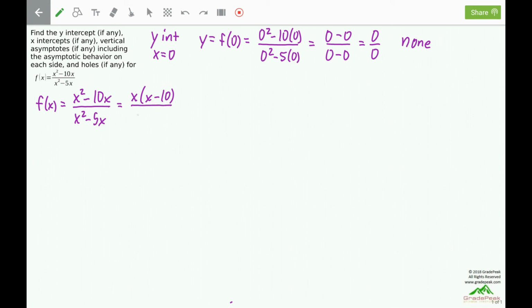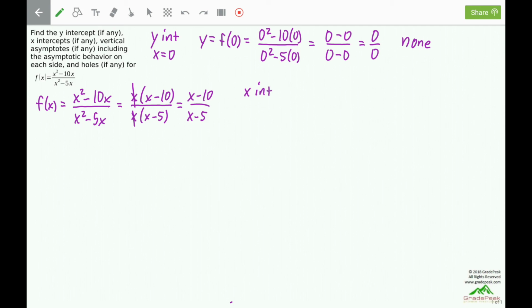In the denominator, there's a factor also of x, leaving x minus 5. And canceling out any common factors, the x's will cancel, leaving x minus 10 divided by x minus 5.